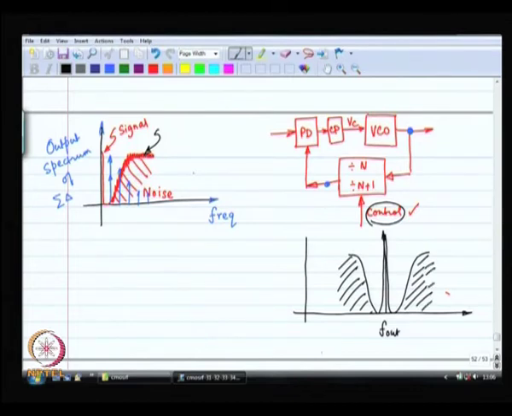Now tell me, how good does this sigma delta modulator have to be? It has got to be good, right.